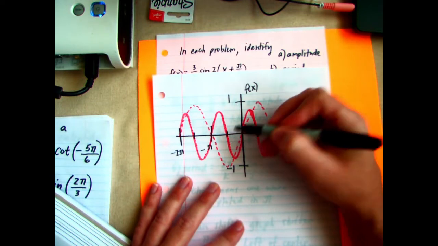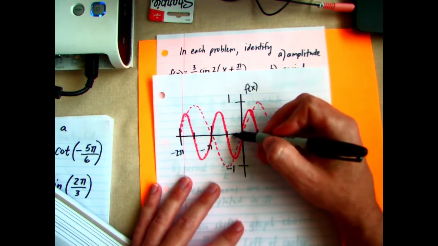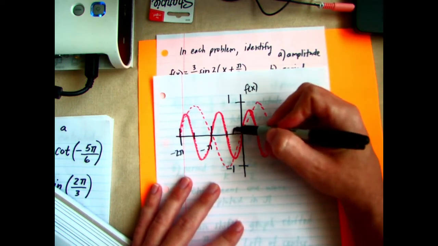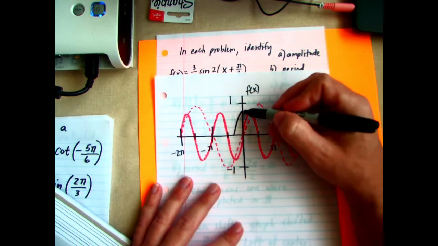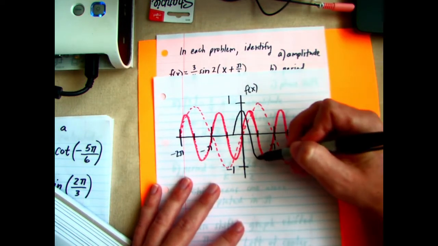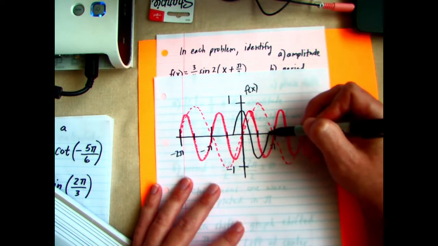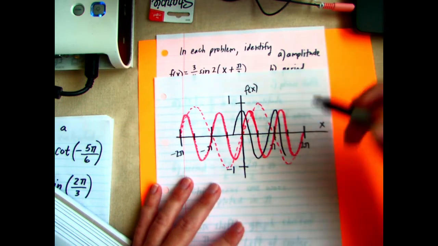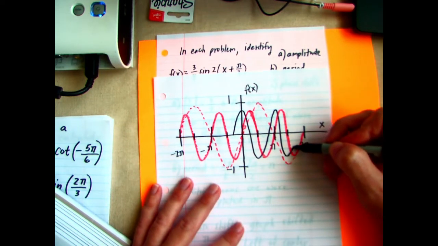So I just start from the very center, go pi over 3 units left. And then the rest of the curve is going to be parallel to that one in solid red. So once you've moved pi over 3 left, just complete the graph by drawing it parallel.